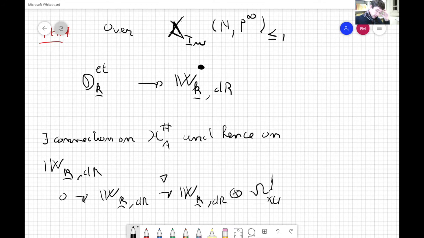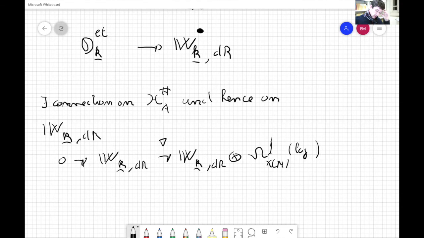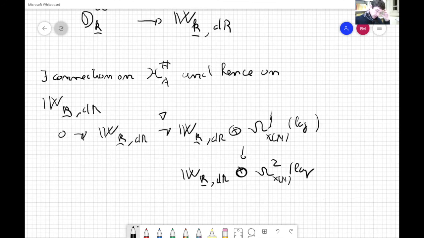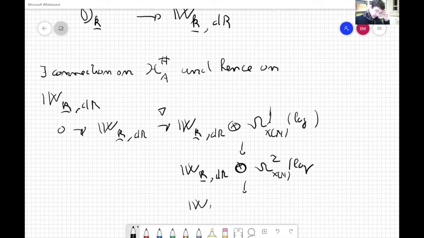Omega 1 with log poles going to WK de Rham tensor omega 2 with log poles. Again, on this region, so I'm not adding all decorations. And finally, going to X3 with log poles along the boundary. Okay, and this is actually WK de Rham dot.